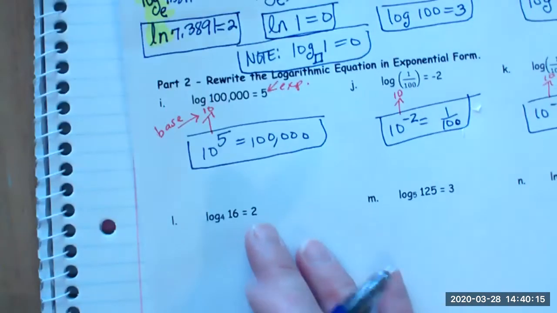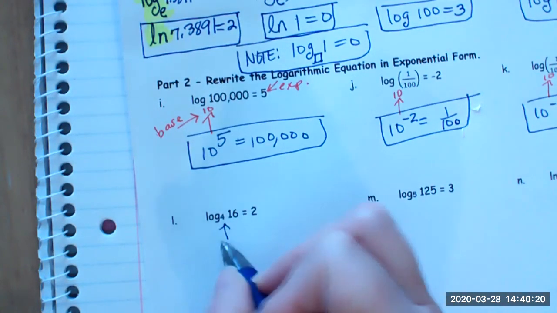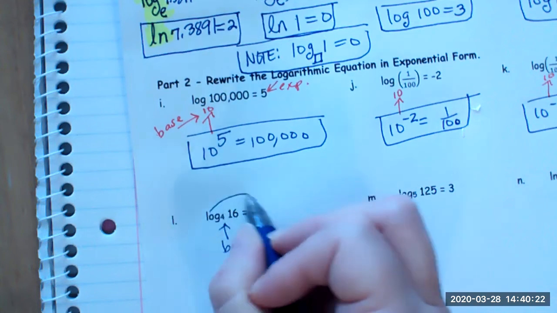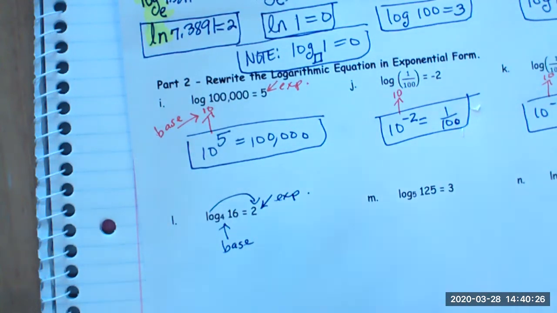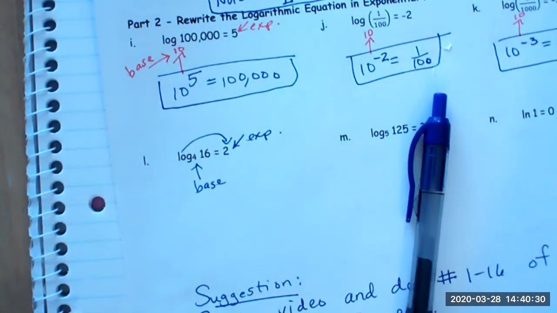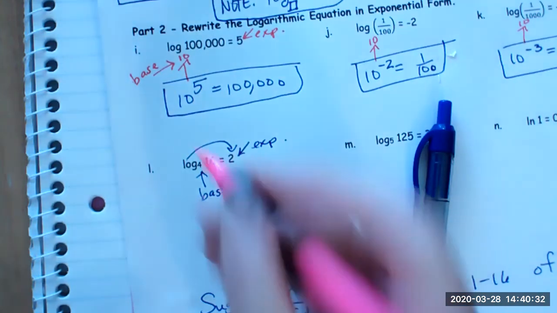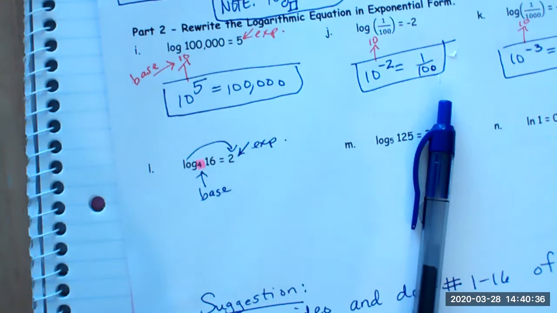All right, so now with just some different bases here, again, recognize here's the base. The value of the log is the exponent. And I haven't been highlighting too much here. Maybe I'll highlight these just to make sure we all got it. Okay, so here's the base. Here's the exponent.